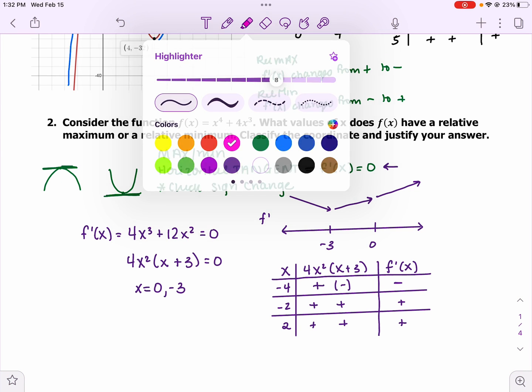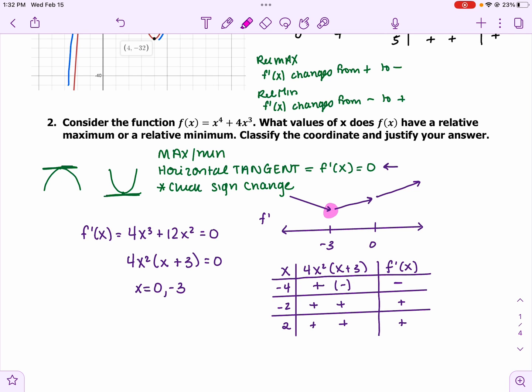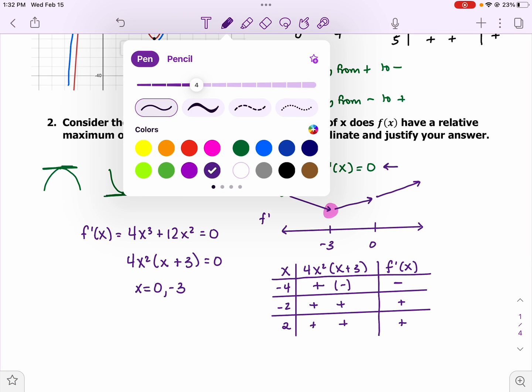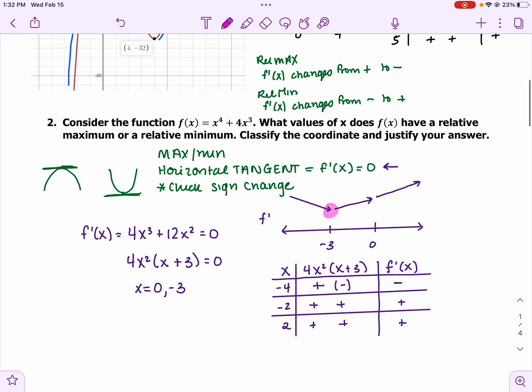But what I do see here, guys, is that at this point, we do have a relative minimum at negative 3.